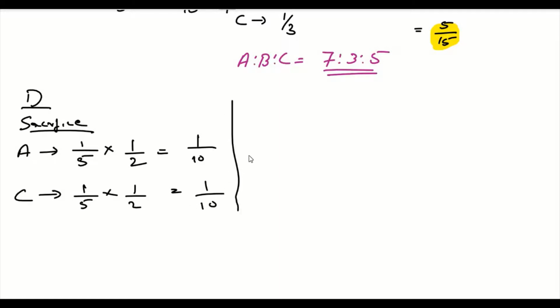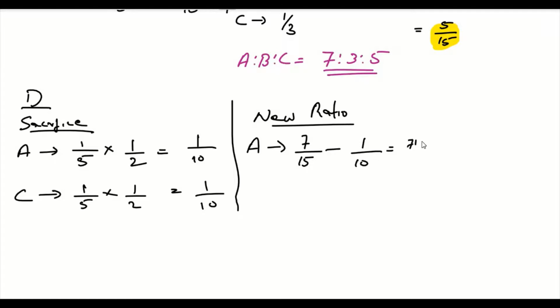Now we need to find the new ratio. For A, his original share, now it's 7 plus 3 plus 5, it is 15. So his new share is 7/15 minus he sacrificed 1/10, which is equal to 70 minus 15 by 150.